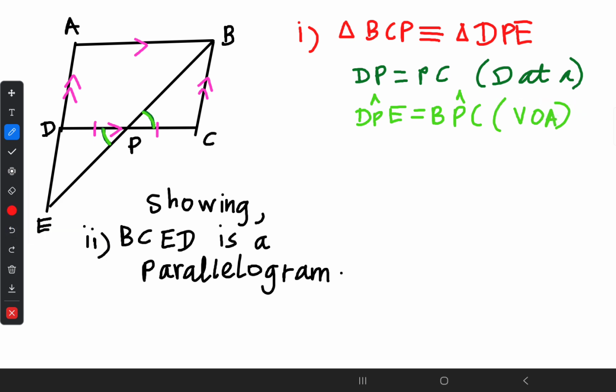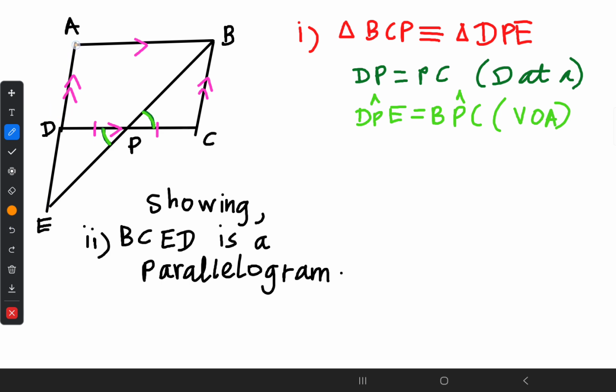And third one, here already one side and one angle. That's fine. Third one, it can be a side or an angle, either of them. So let's think about it. There is no relationship about these two lengths, and we do not have any ideas about these two lengths either. But I'll read the question: AD and BP produced meet at E. So the extension of AD goes until AE.